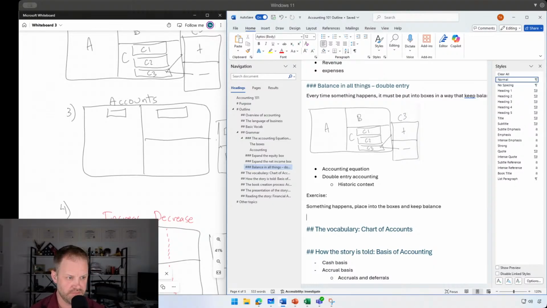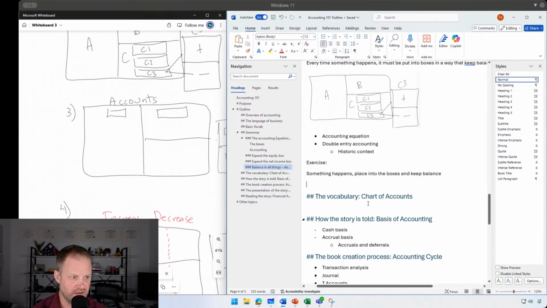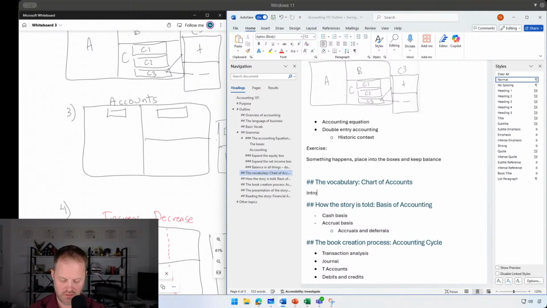Then once you can do that, let's introduce the idea of accounts that break the boxes into smaller boxes.